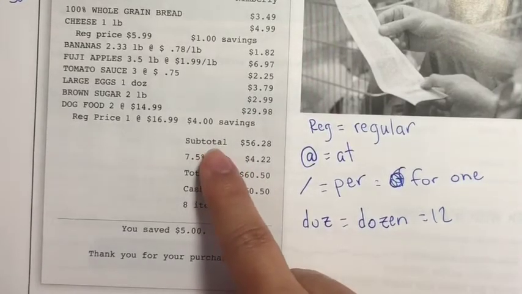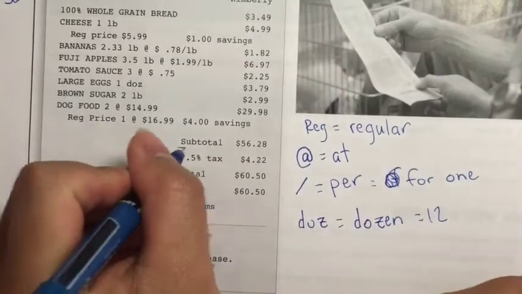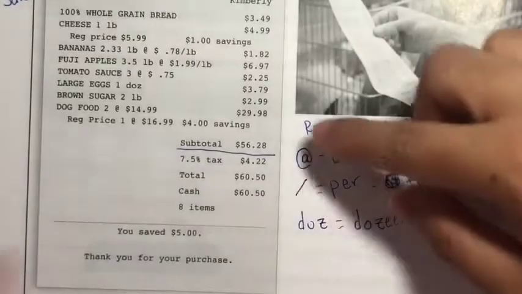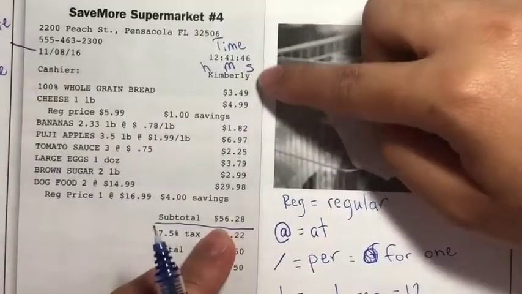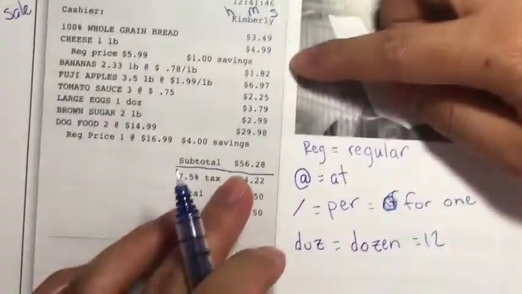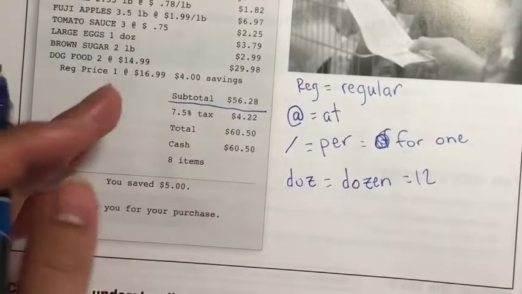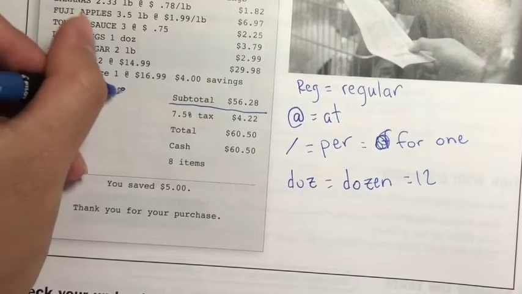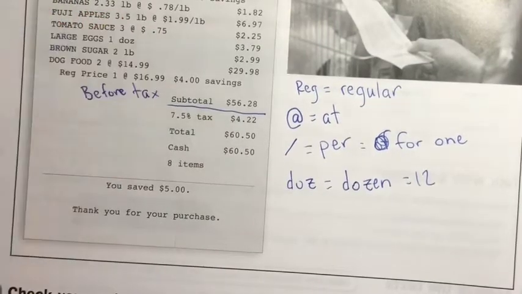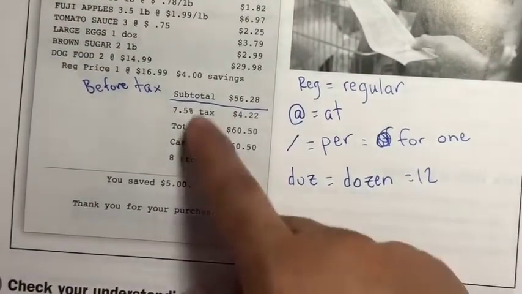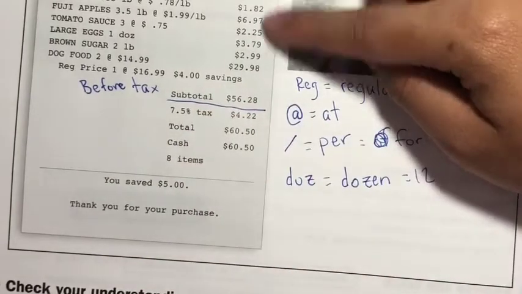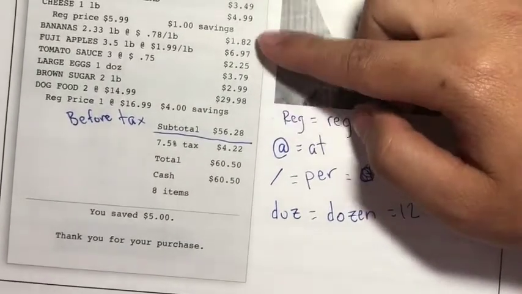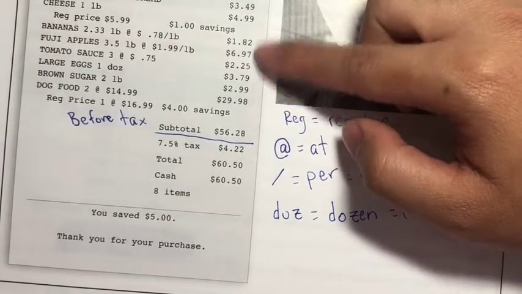Okay, and here we have the subtotal. So this is the total of all of the items here. We call this the subtotal. The subtotal is before tax. In the United States, we don't add the tax in the price of the items until you pay money.